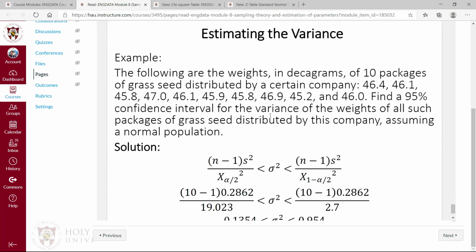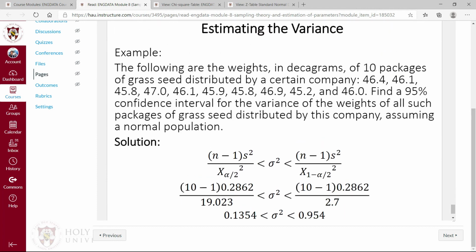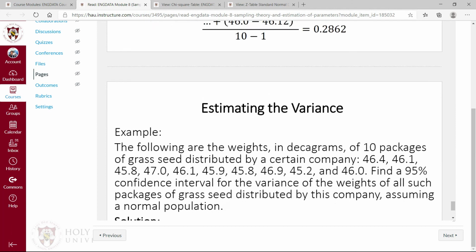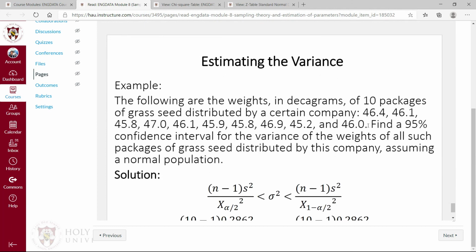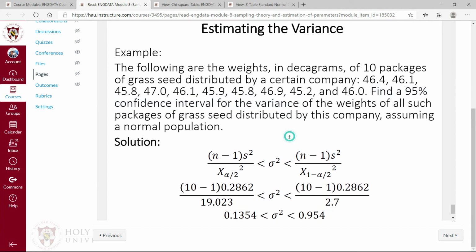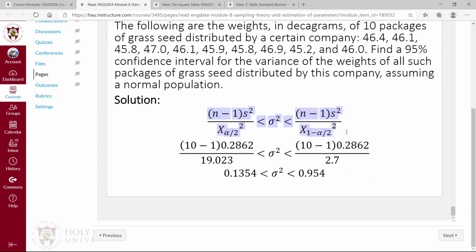Now, solving for the 95% interval for the variance, you need to use this formula. So n minus 1, so 10 minus 1, then the variance itself, and then all over this value. You will be using the chi-square table.